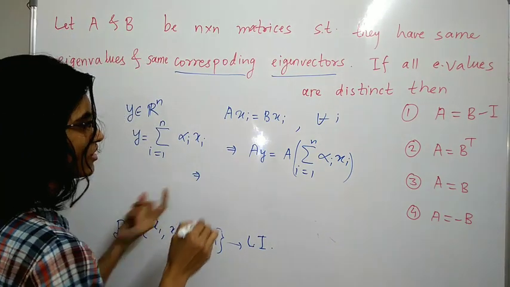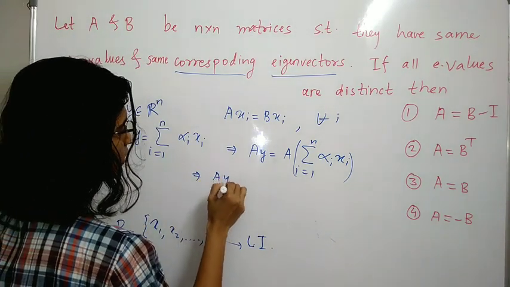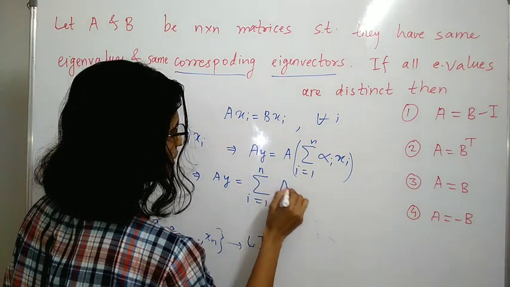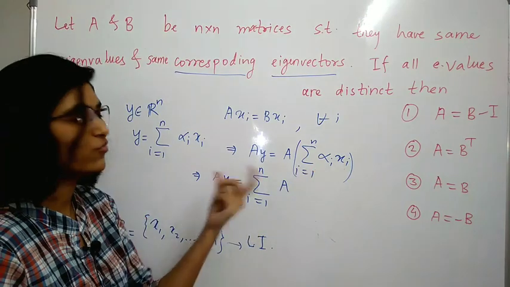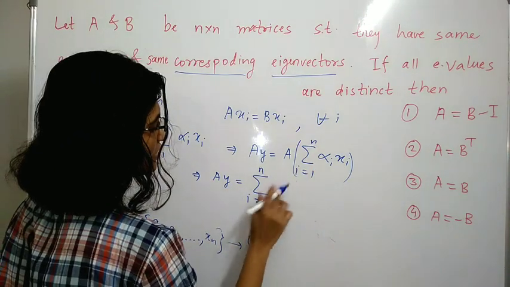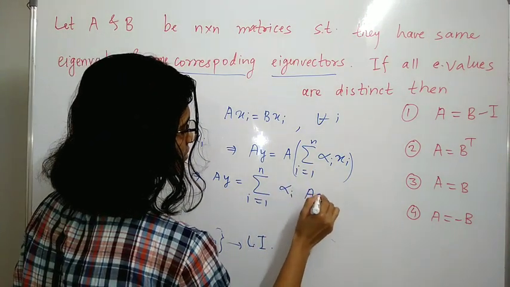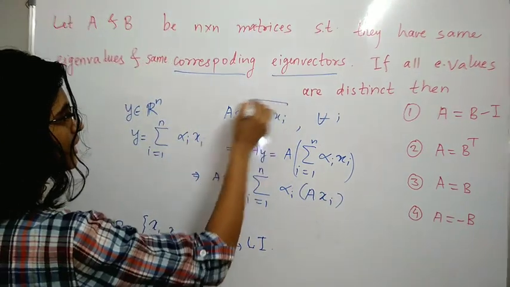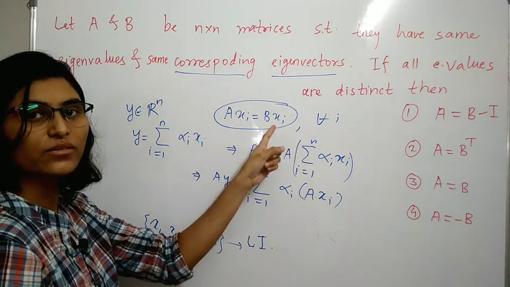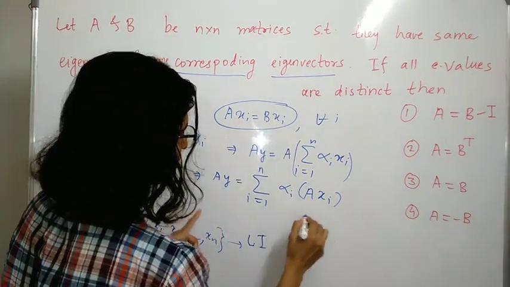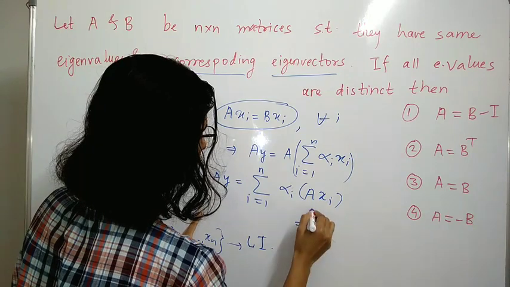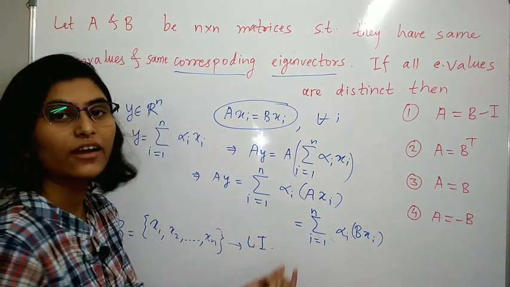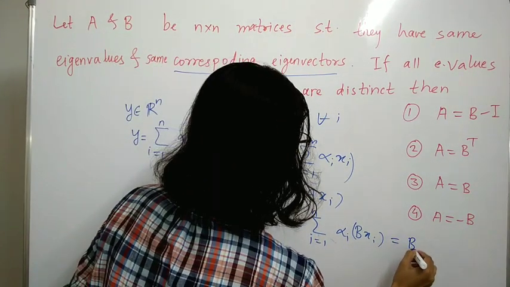Now Ay is equal to the sum, i from 1 to n, of A of alpha i xi. The alpha i's are just scalars, so we can write this as alpha i times A xi. Now from here we have A of xi is the same as B of xi, so this is the same as the sum, i from 1 to n, of alpha i B xi, and which is the same as By.